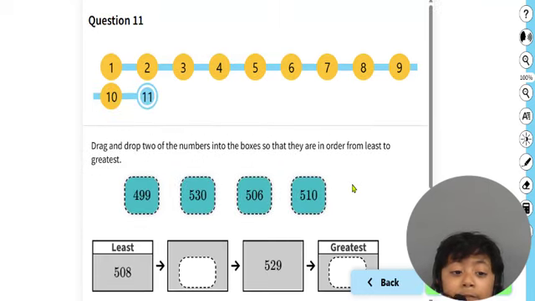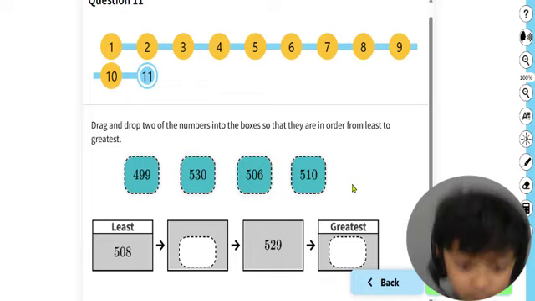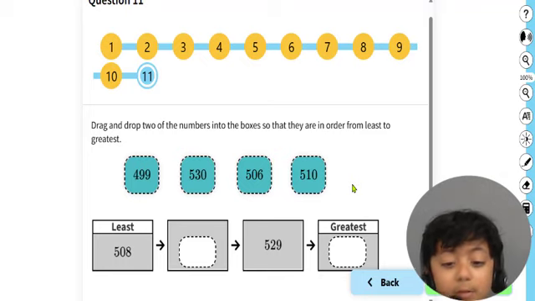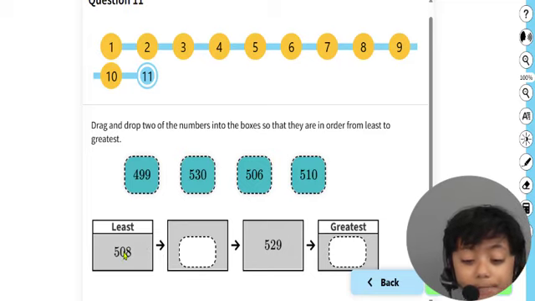Our last and final question is to drag and drop two of the numbers into the boxes so that they are in order from least to greatest. How we do this is we find a number between 508 and 529.